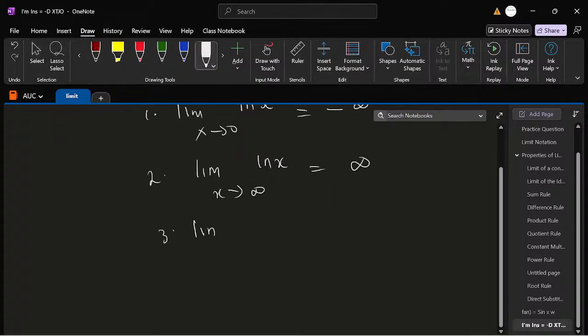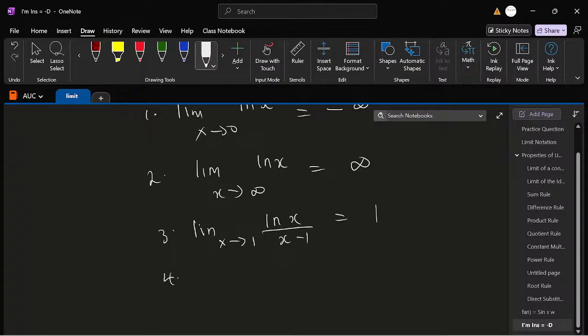If you have the limit as x tends to 1, and after this we look into x tends to 0, of ln x over x minus 1, this will be equal to 1.